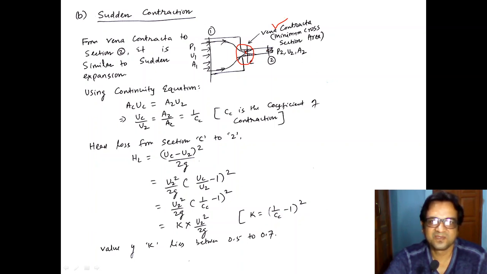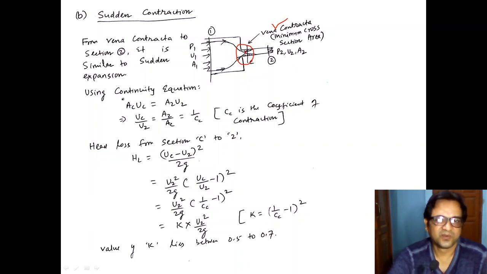At 2, it is more than the area at C. So it is similar to the sudden expansion case, and this we have to keep in mind. At inlet, suppose P1, U1, A1 are the variables, and at the vena contracta, the minimum cross sectional area, and at the exit 2, P2, U2, A2 are the values.